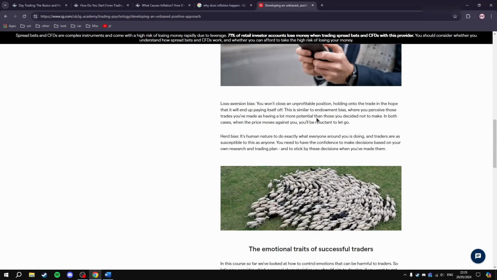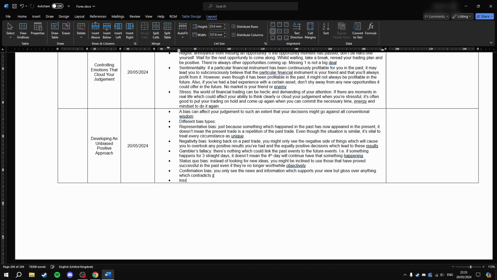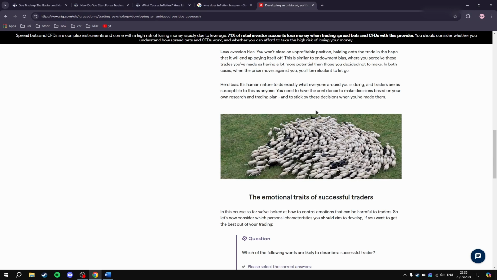Loss aversion bias. You won't close an unprofitable position, holding on to the trade in the hope that it will end up paying itself off. This is similar to endowment bias, where you perceive those trades you've made as having a lot more potential than those you decided not to make.